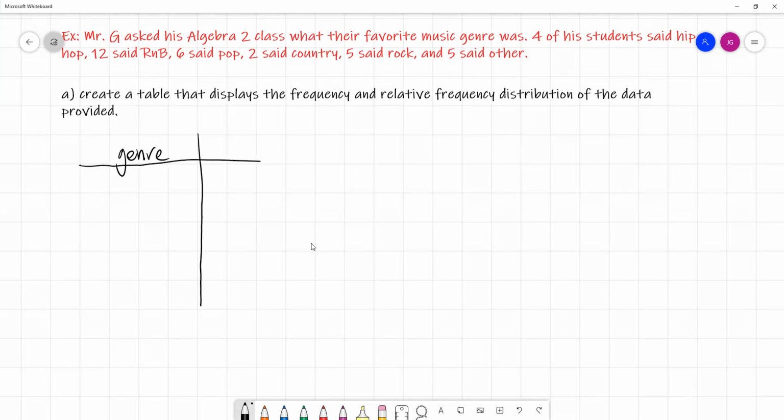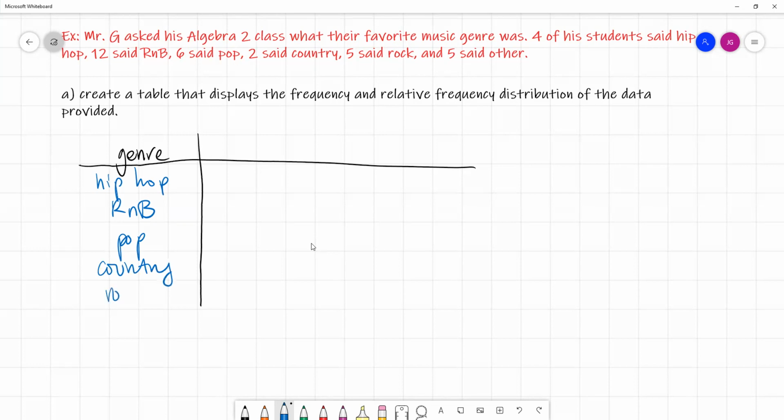We have hip hop, R&B, pop, country, rock, and other. Okay, so I have 6 different data values.